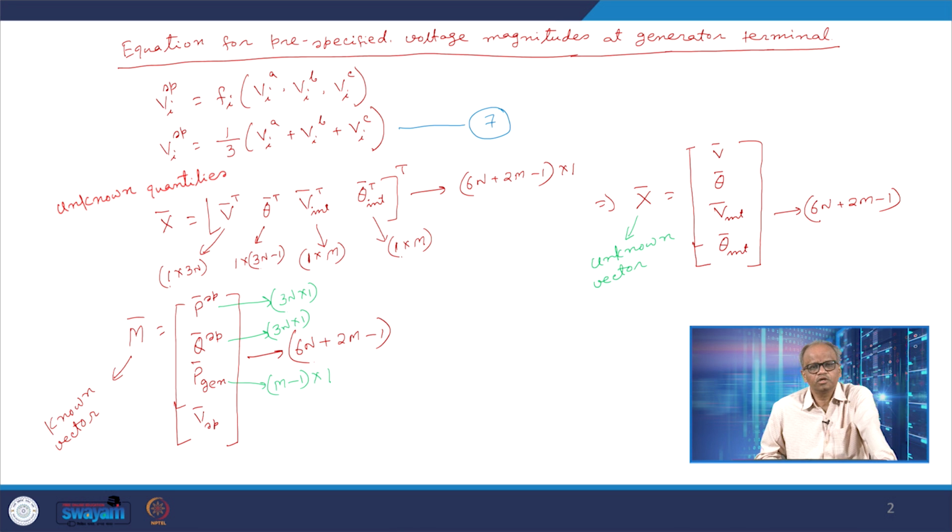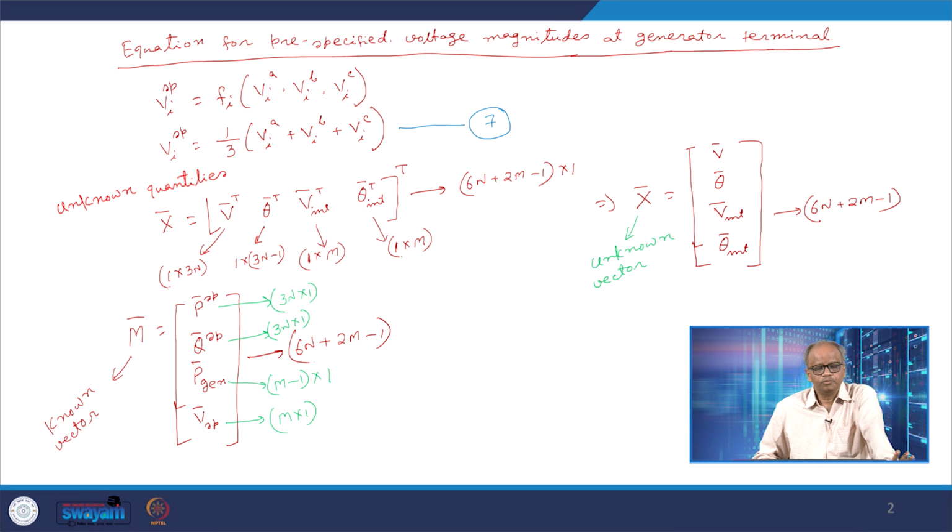So, this dimension would be m cross 1. So, the total again becomes 6n plus 2m minus 1, correct. So, the number of unknown quantities is equal to the number of known quantities. So, this system is now solvable.